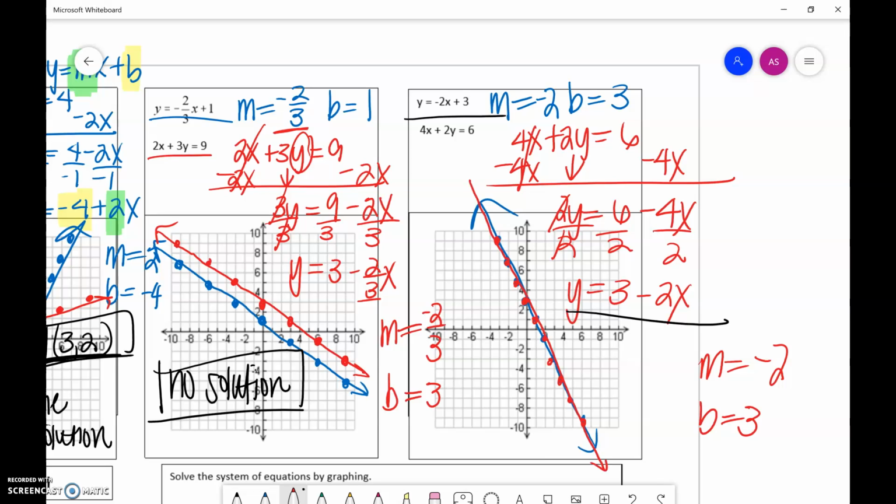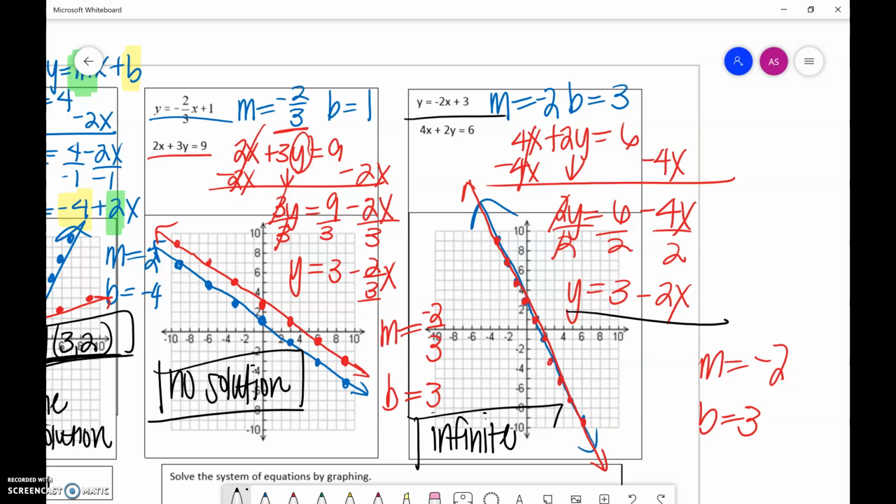I still want you to draw it, and notice how I'm extending it out so we can see that it's two different graphs, okay? So this is what we call infinite.